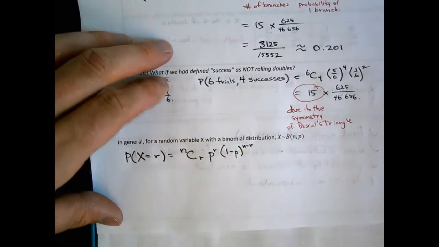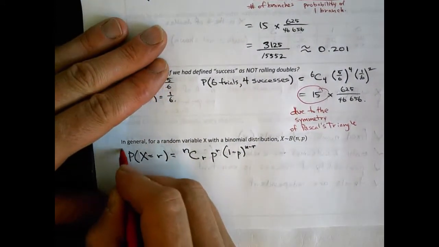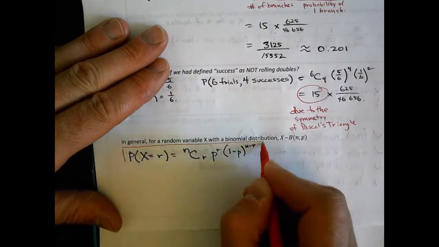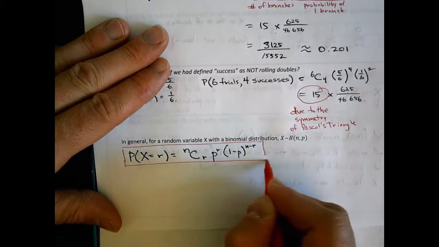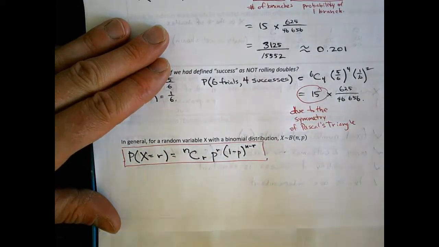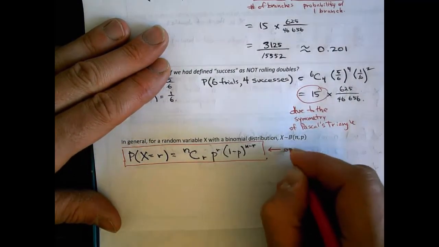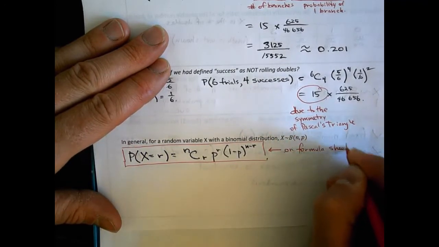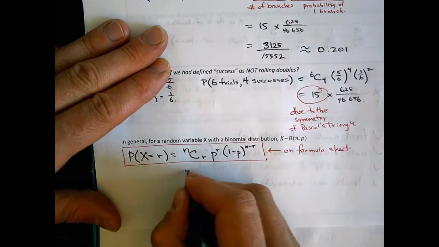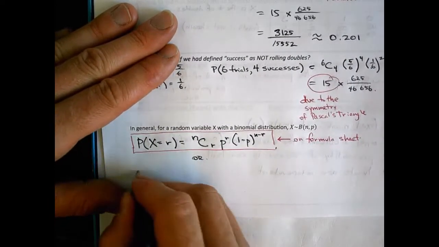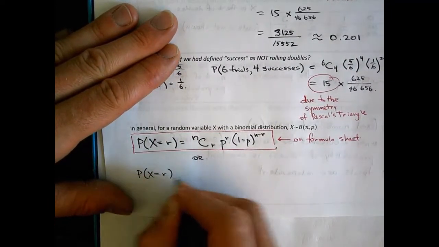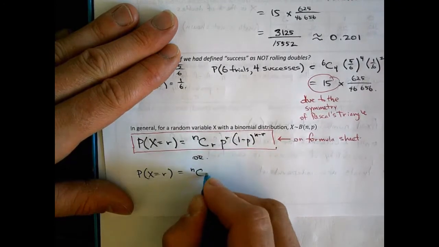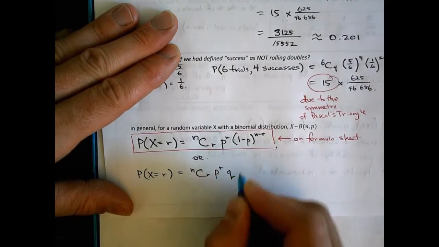This is what's on your formula sheet. Another way of writing this is the probability that x is equal to r is equal to n choose r, p to the r, q to the n minus r.